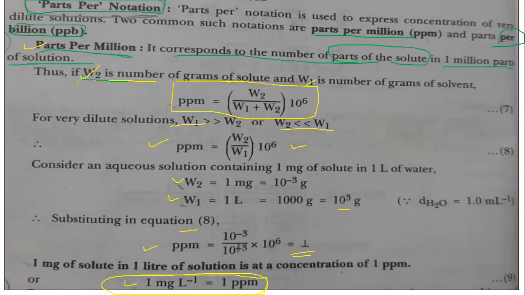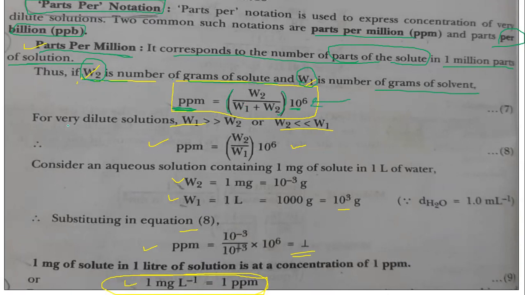Thus, if W2 is the number of grams of solute and W1 is the number of grams of solvent, then part per million of that solute can be found out. See, W2 upon W1 plus W2 into 10 raised to 6, 1 million. Okay, so part per million.